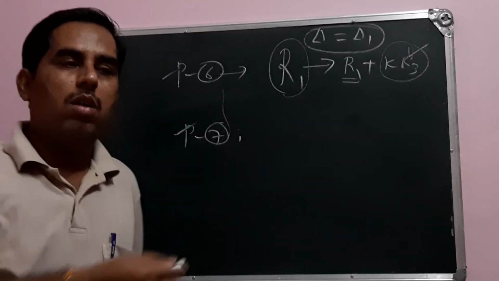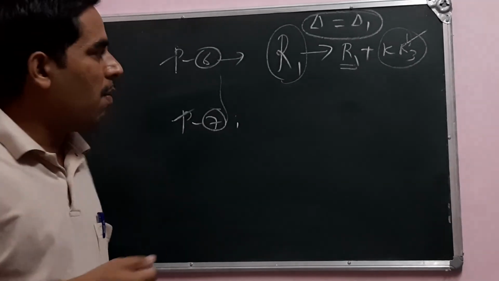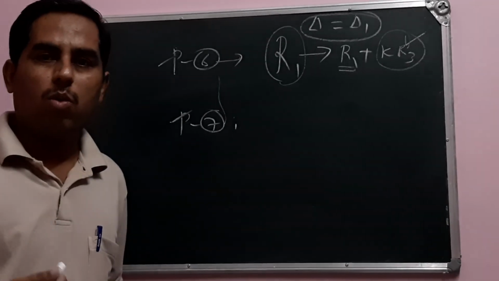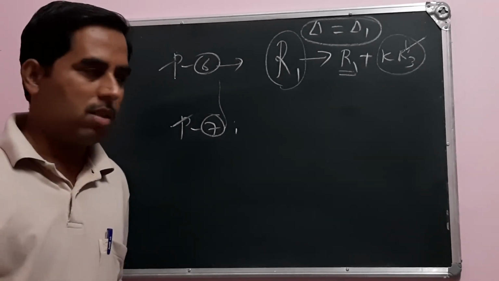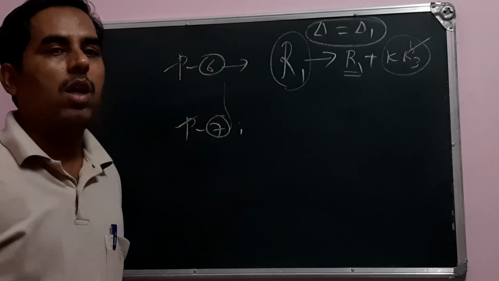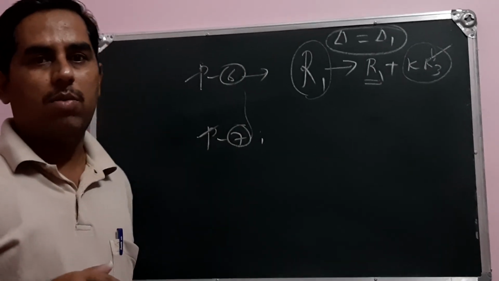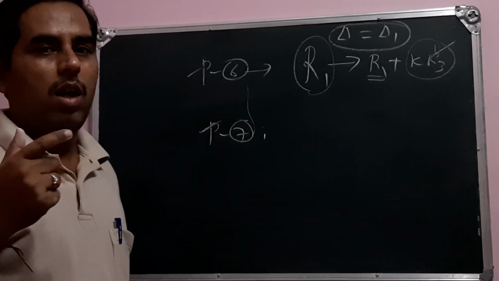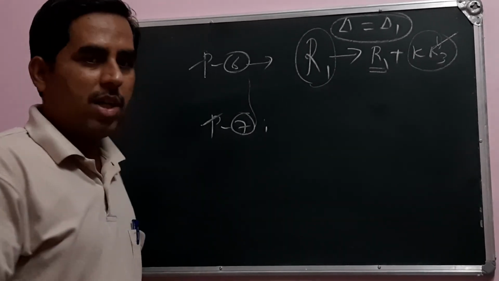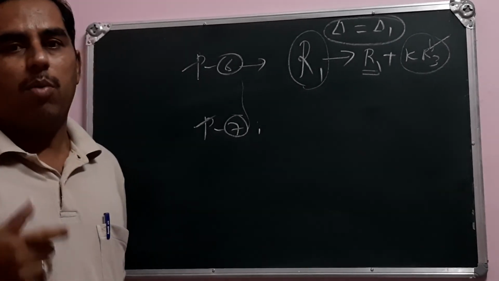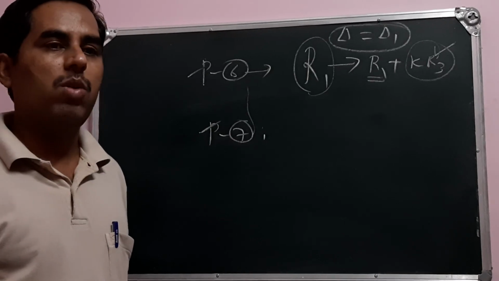You can practice the proofs and take your own examples. In the next class I will work out some problems on determinants using the properties we have proved so far.